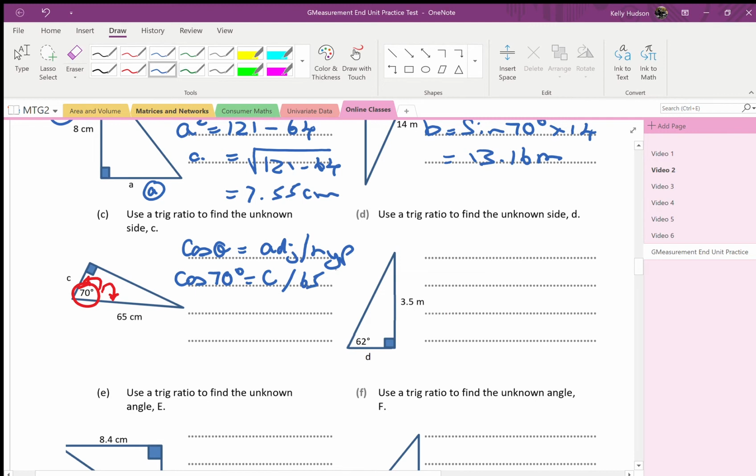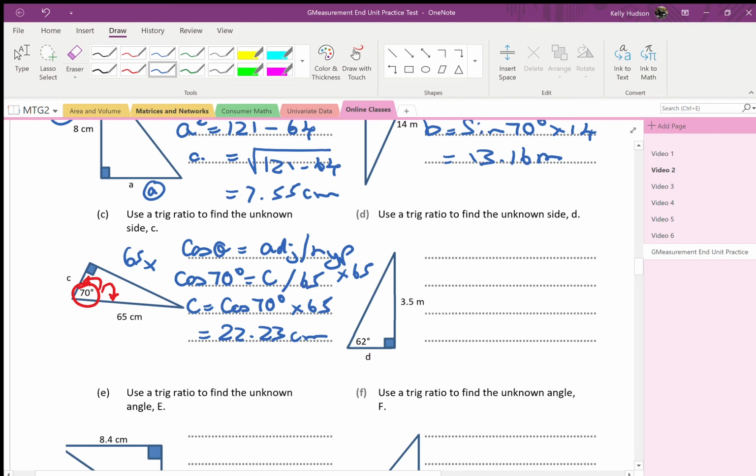So here I multiply both sides by 65 because I need to remove the 65 on the bottom, and that leaves me with C is equal to cos of 70 degrees multiplied by 65. Alright, so I pop that in my calculator and I end up with 22.23, and it's going to be centimetres.